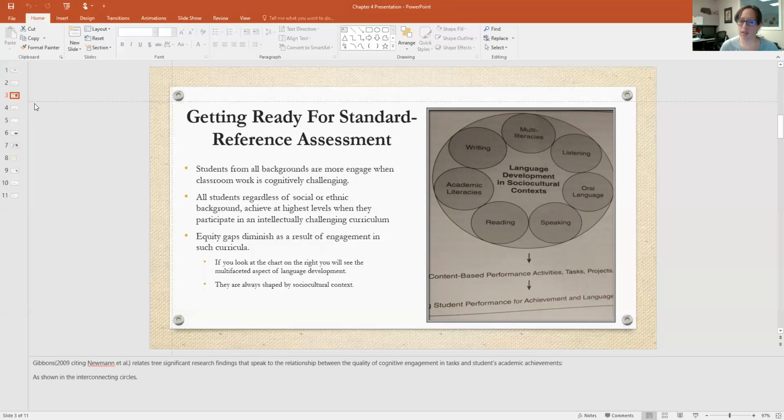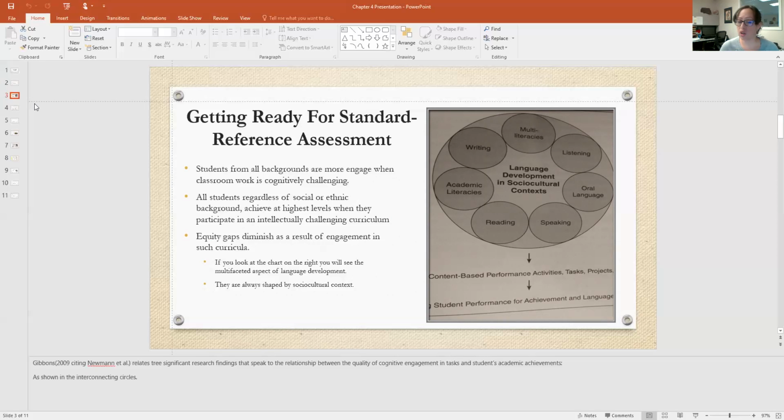To me, this means that whatever I'm teaching should be age appropriate. All students, regardless of social or ethnic backgrounds, achieve at higher levels when they participate in an intellectually challenging curriculum. Equity gaps diminish as a result of engagement in such curricula.